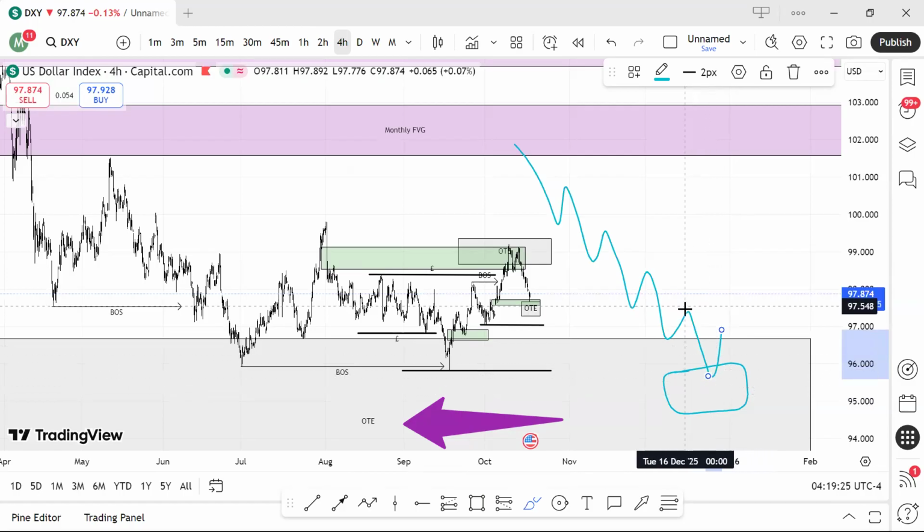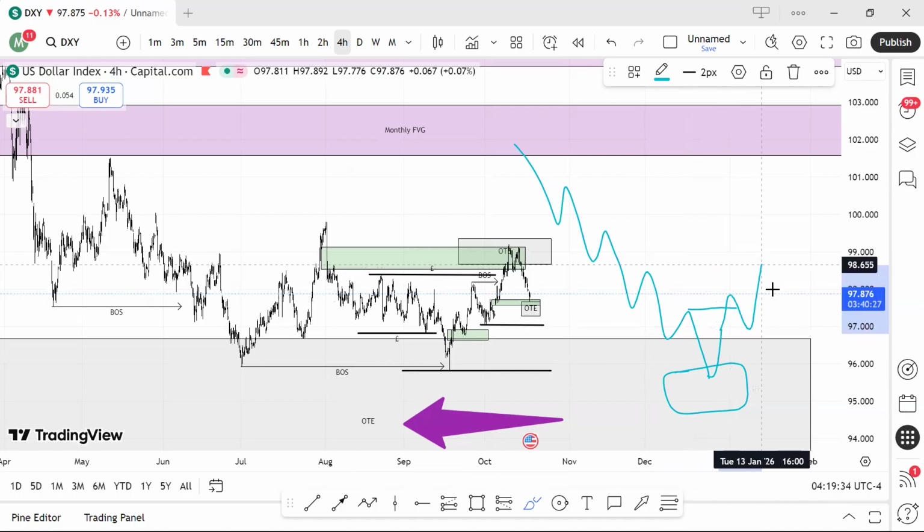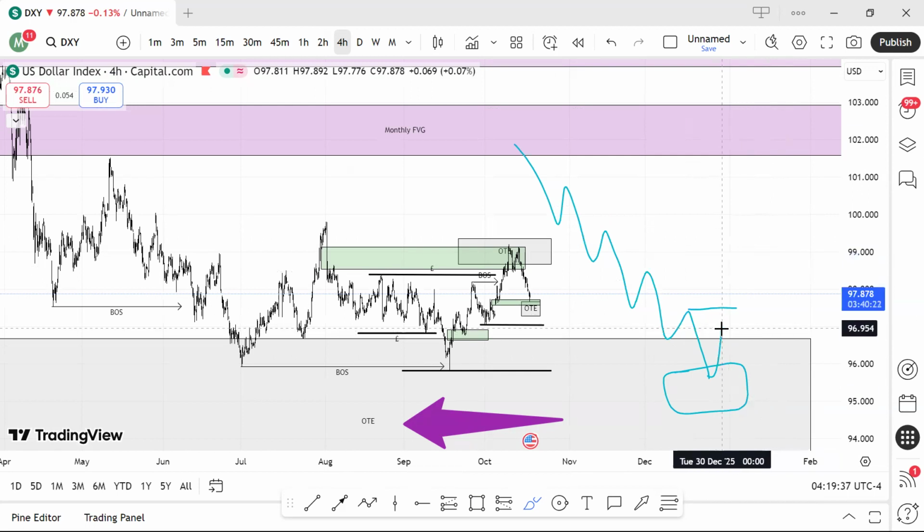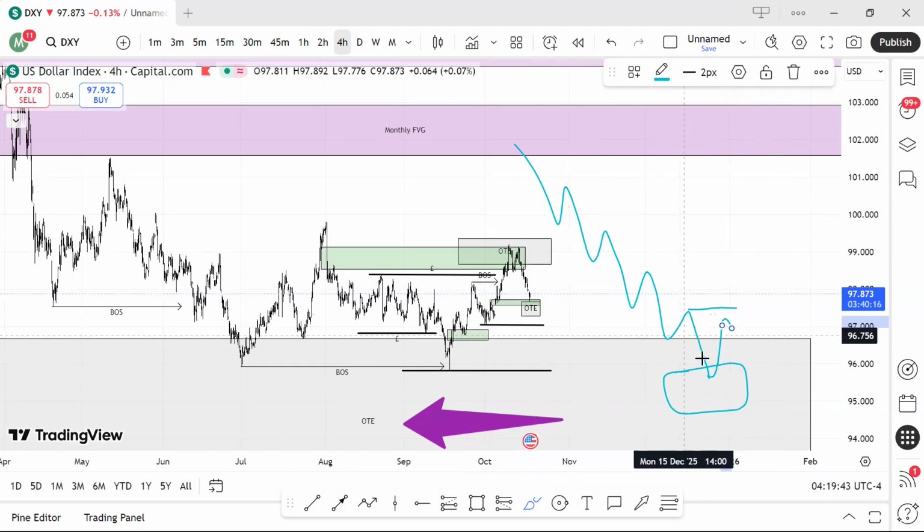Okay, so we have to see first the market change direction, take out the previous weekly or monthly highs, and then some kind of continuation to the upside. But right now, as we are in the bullish zones, we are still respecting this bearish pullback movement.